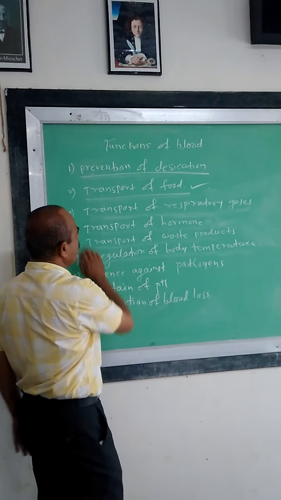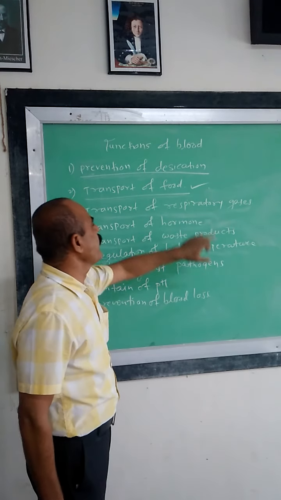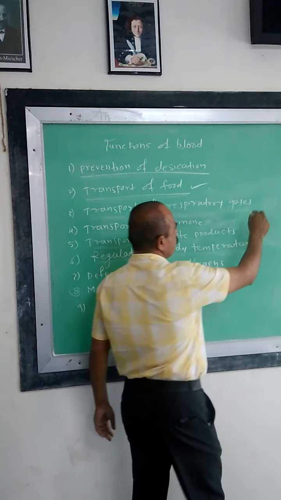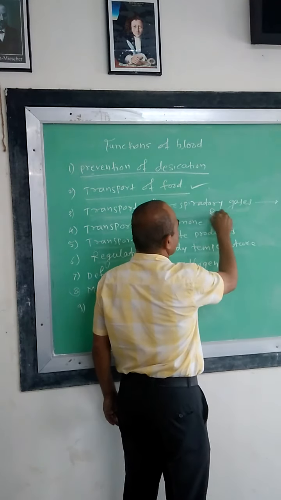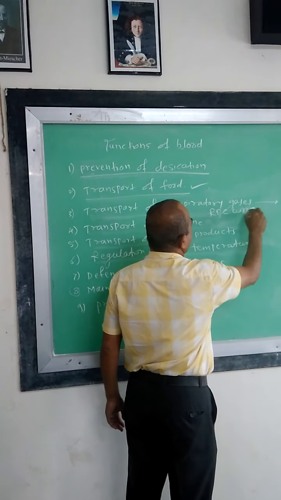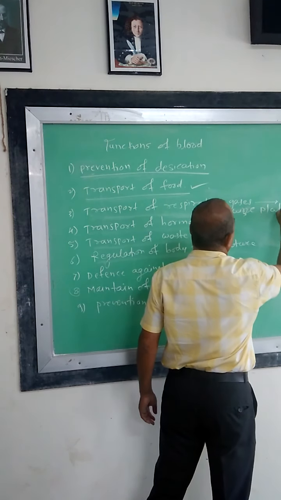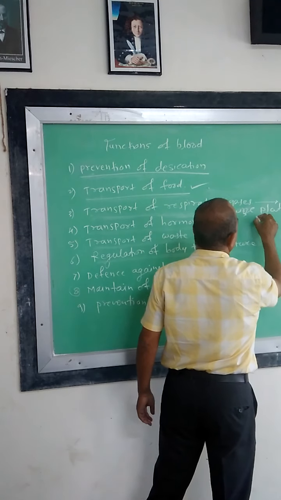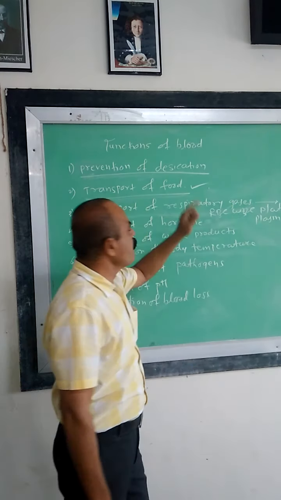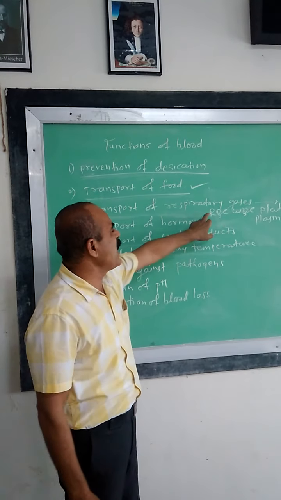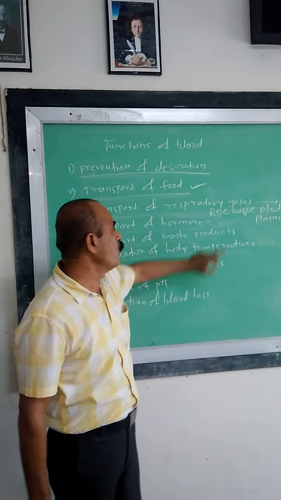Then the third function is the transport of the respiratory gases. You know that in the blood there is the presence of RBC, WBC, blood platelets, as well as plasma. The main function of the RBC is the transport of O2 and CO2.